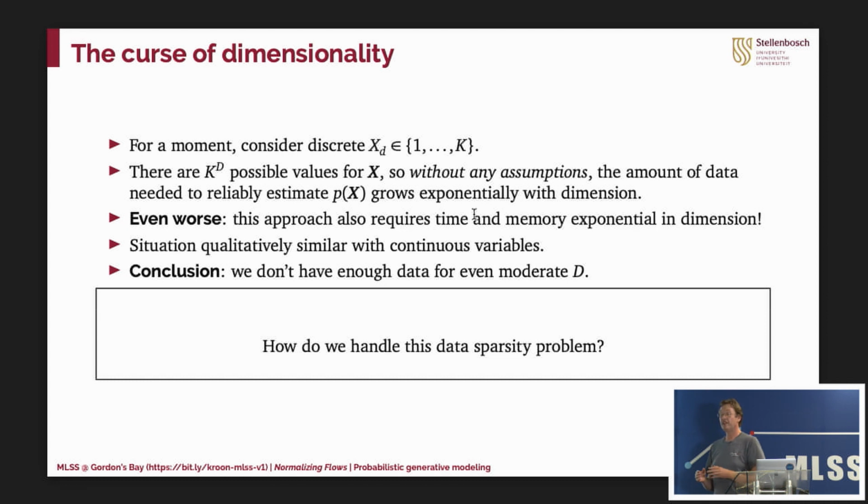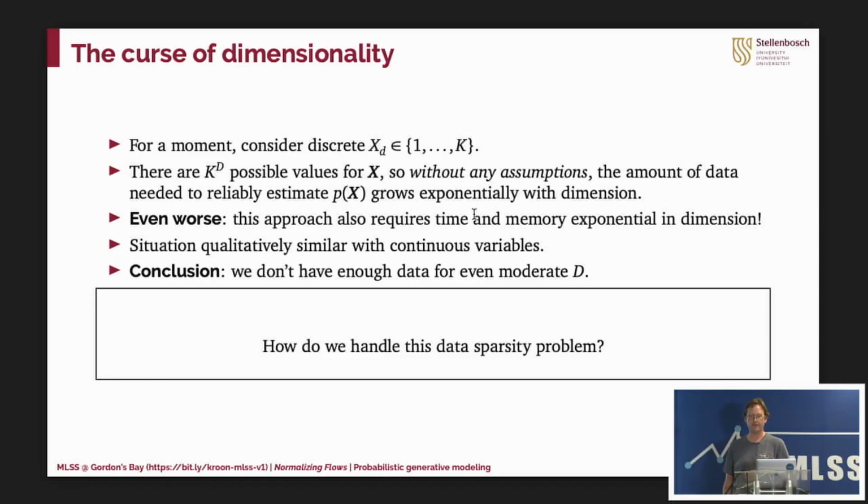I'm going to go back briefly to a situation where we have discrete variables. Okay, most of the time I'll be talking about continuous variables, but just to illustrate this curse of dimensionality, I'm going to talk about a situation where each variable is a discrete variable and takes on a value from 1 to K. Okay, so in this situation, if there are capital D different variables, then an observation x, which contains all of these x_d's, x_1 up to x_D, has K to the D possible values.